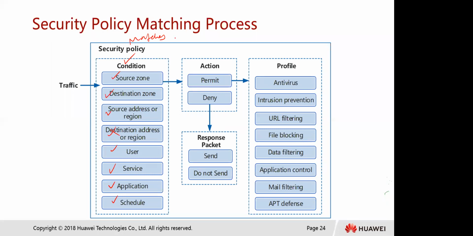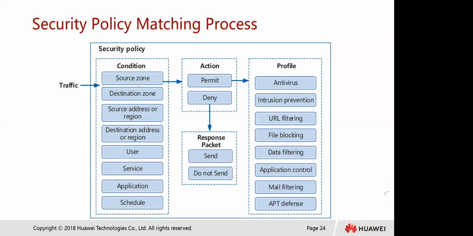And by default, we said it is what? Deny. It is deny. So once the policy does not match our conditions, it will look through the different policies available, and if no condition is met, the default policy is to deny.